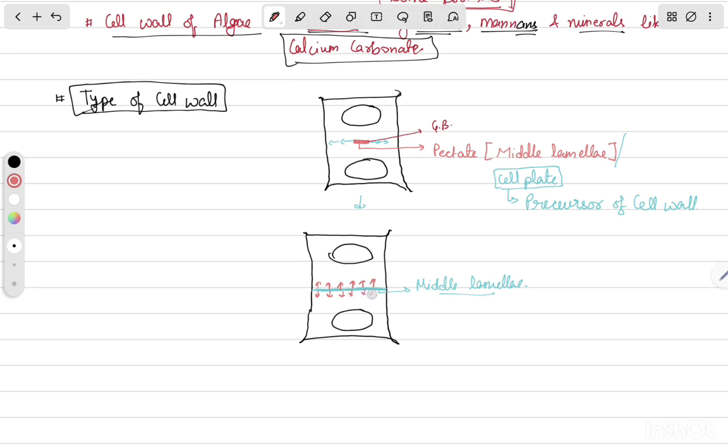On both sides, a layer will be formed, and that layer is termed as primary cell wall. Now, what is primary cell wall and what are the features of primary cell wall?